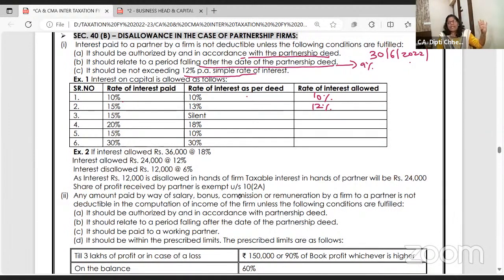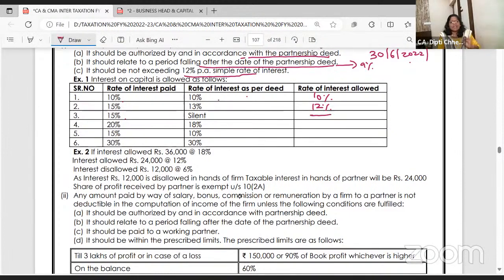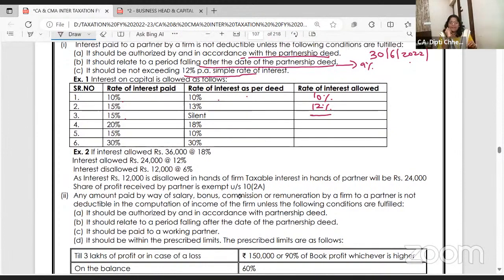You cannot pay more than 12 even. Ma'am, the deed mentions 21%. That doesn't mean you can pay 21%. You have actually paid 15% interest. If the deed is silent, nothing. If the deed does not clearly mention paying interest to partners, you cannot pay.